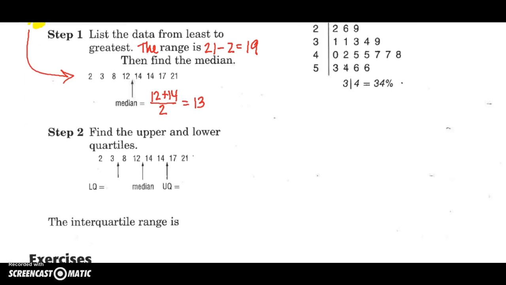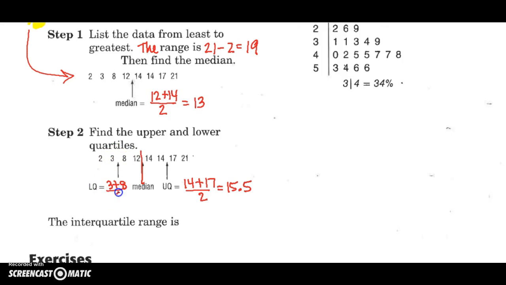Moving on to find the upper and lower quartiles. So lined up, since there were 8 terms, we've already established this is the middle. So you have 2 to the left and 2 to the right. Our upper quartile is the average between 14 and 17. And that's going to give us about 15.5. That's the upper quartile. The lower quartile falls between 3 and 8.